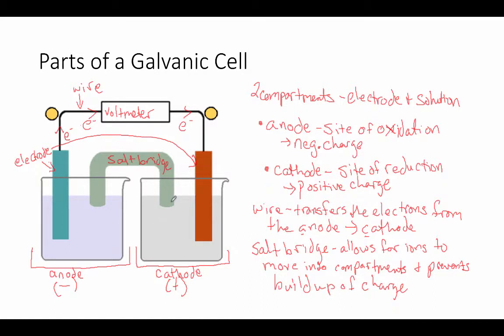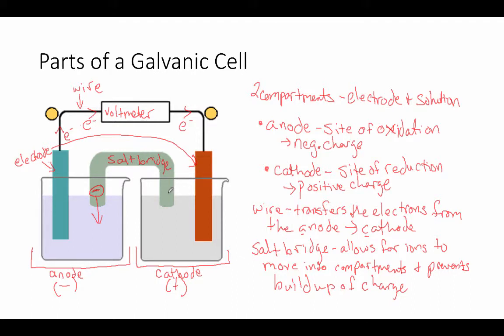So it contains positive and negative ions. The anode has a negative charge, but it's losing electrons. As it's losing electrons, it's going to become more positive, which means that the negative ions are going to move from the salt bridge into that anode to replace that charge.